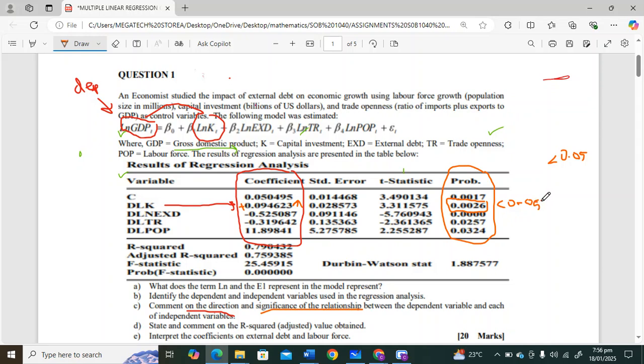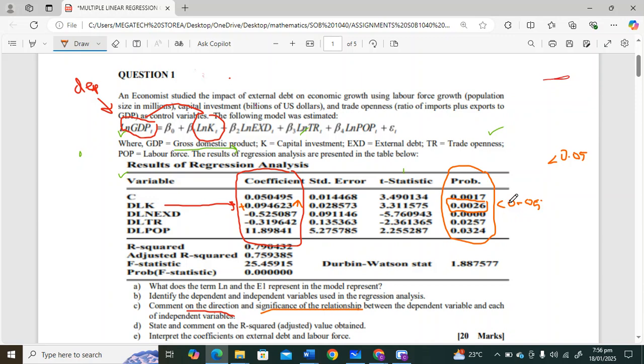It cannot be ignored. If your probability value is less than 0.05, then the relationship is significant.